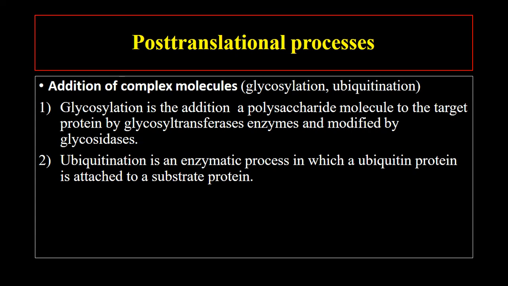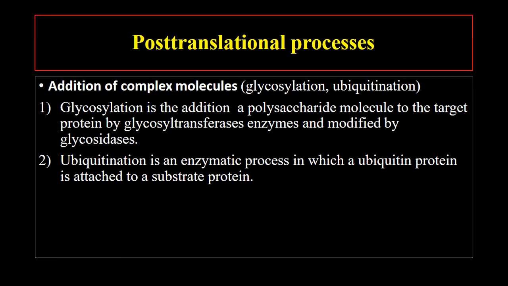In glycosylation, a polysaccharide molecule known as a glycan is covalently added to the target protein by glycosyltransferase enzymes and modified by glycosidases in the endoplasmic reticulum and Golgi apparatus. Glycosylation can have a critical role in determining the final folded structure of the target protein.